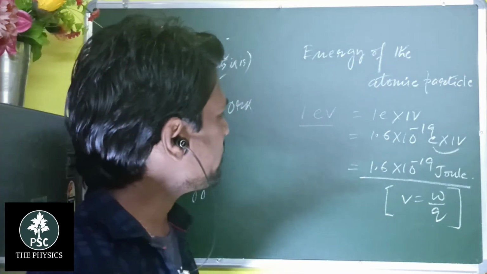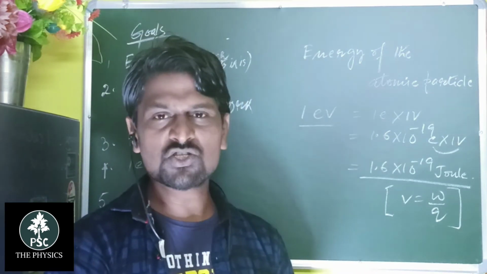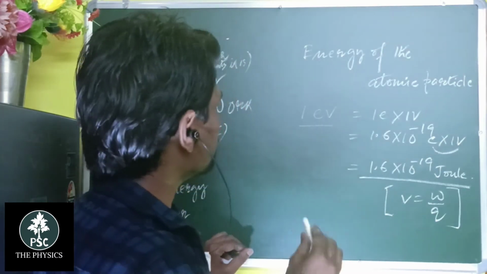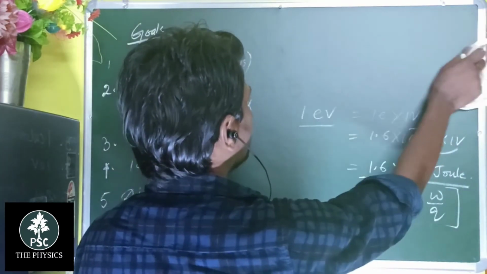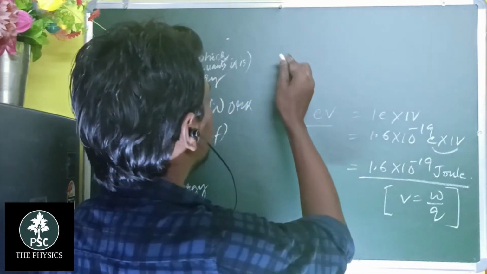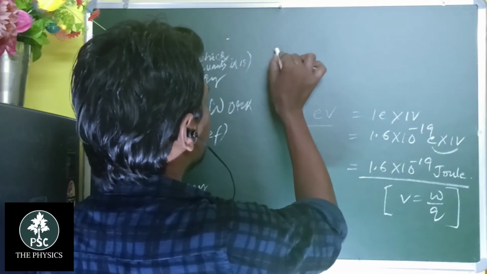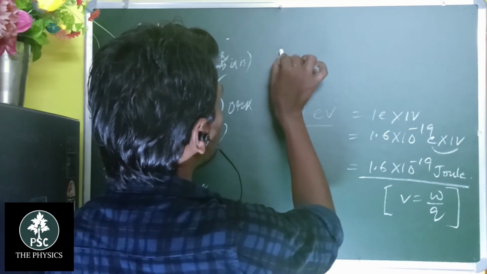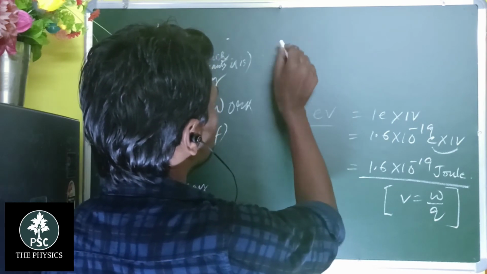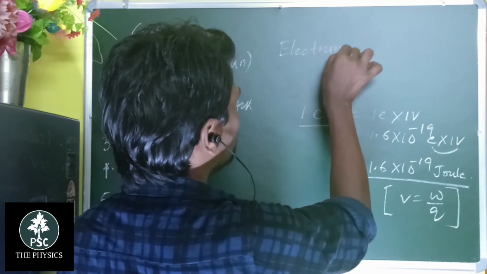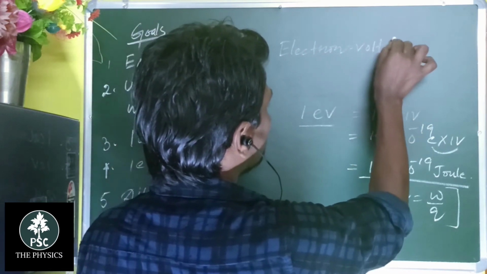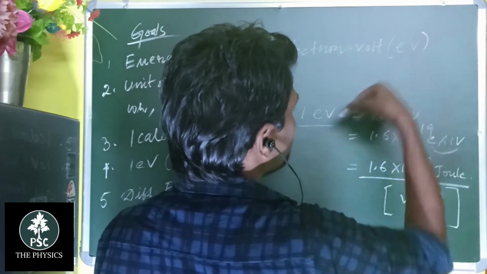And you can also write down the definition of electron volt. So electron volt, or simply small e and capital V, what is the definition of it?